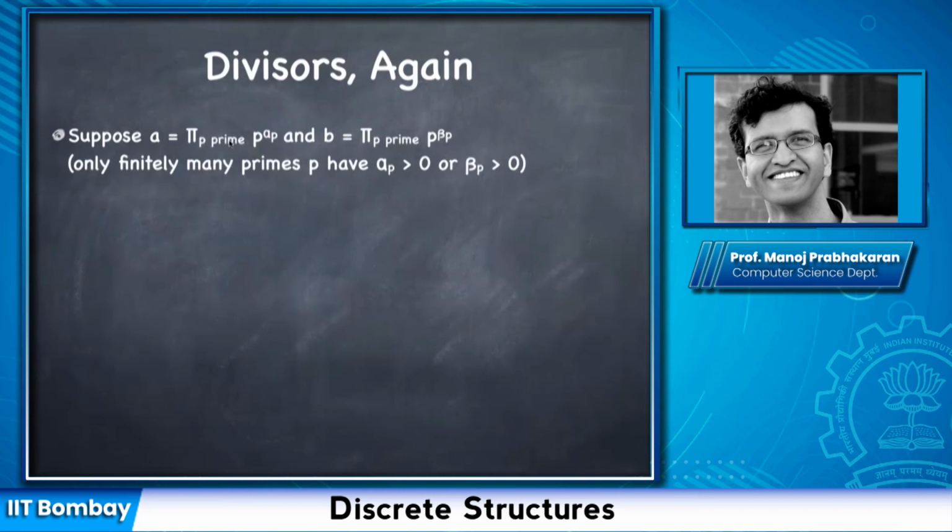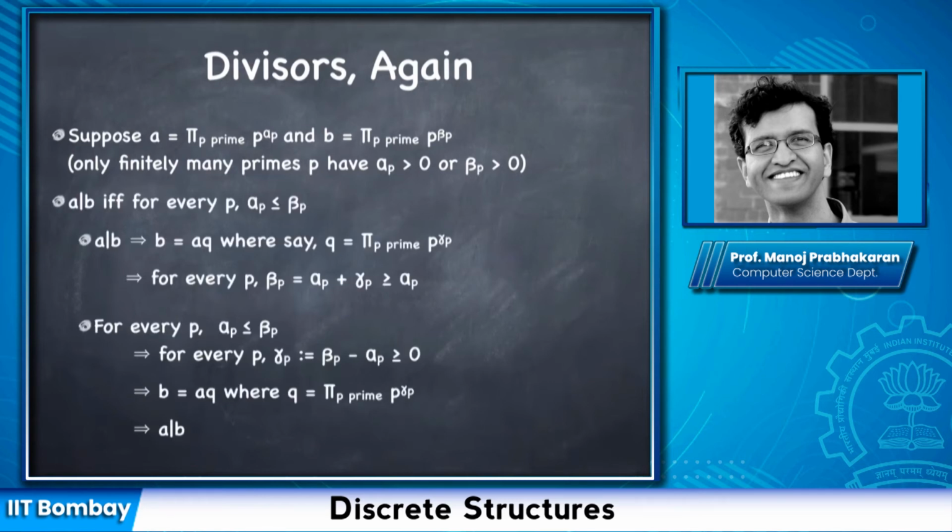Of course, there are infinitely many p's, but this product will be only over finitely many of them, wherever these alpha p's are positive. Everywhere else I'm considering alpha p to be 0. So I'm just denoting the unique prime factorization of A using these exponents alpha p. And similarly, let the exponents beta p denote the unique prime factorization of B.